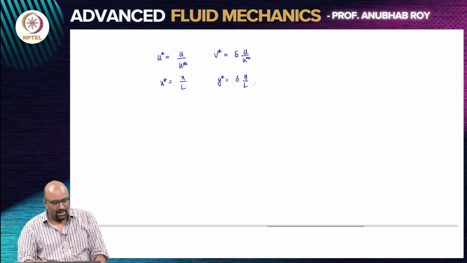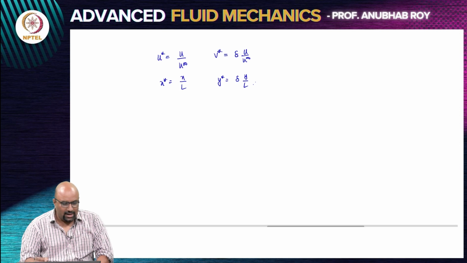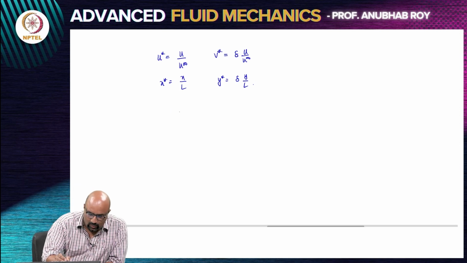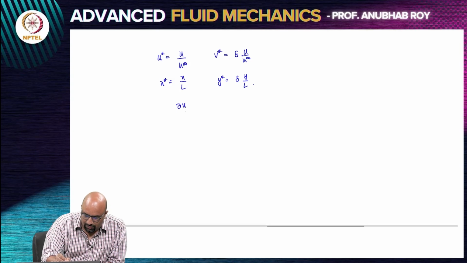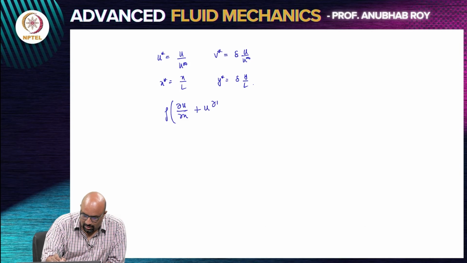So I will have a balance between ∂u/∂x and ∂v/∂y. Now let's go to my governing equation, which is the x momentum equation. So if you want, we will write down the non-dimensional and then maybe come to the dimensionless version.